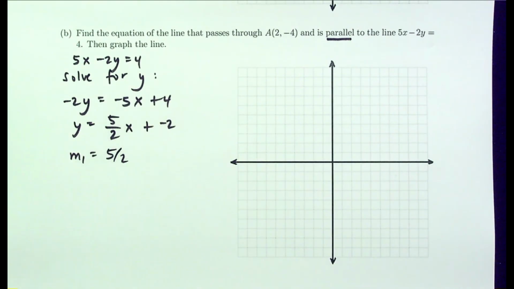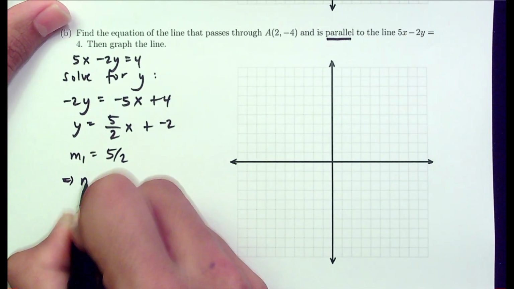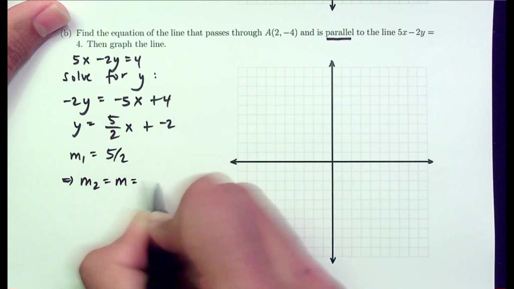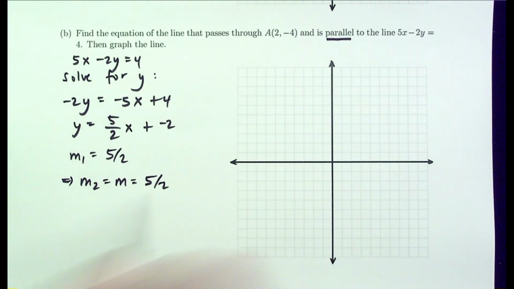That's not the line we're interested in, though. We're interested in a line that is parallel. But because it is parallel, it is going to have the same slope. If it was perpendicular, we flip that, so that would be 2/5, and change the sign, so that would be -2/5. Okay, it's parallel, so it's actually the same.